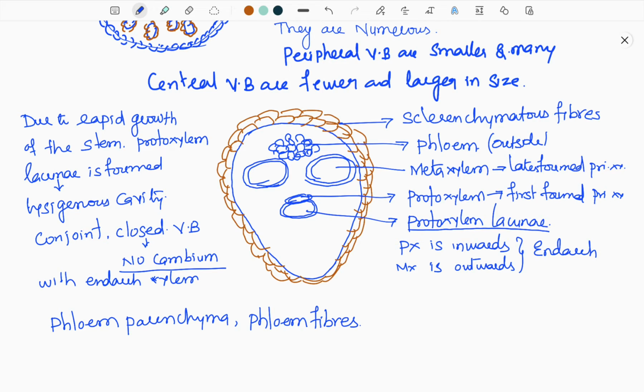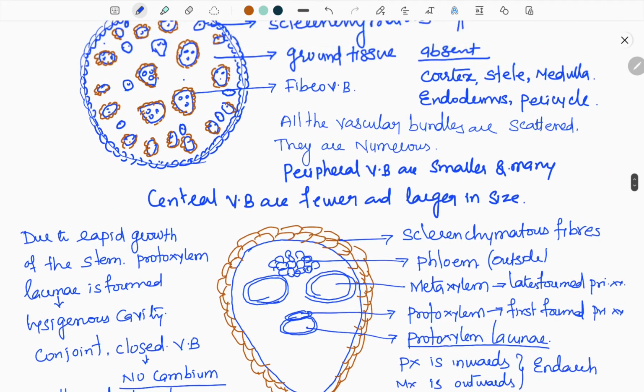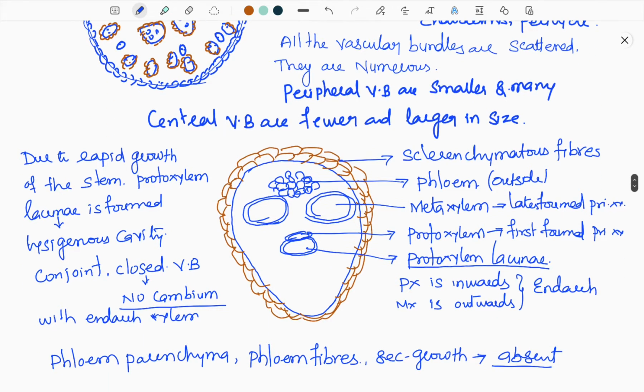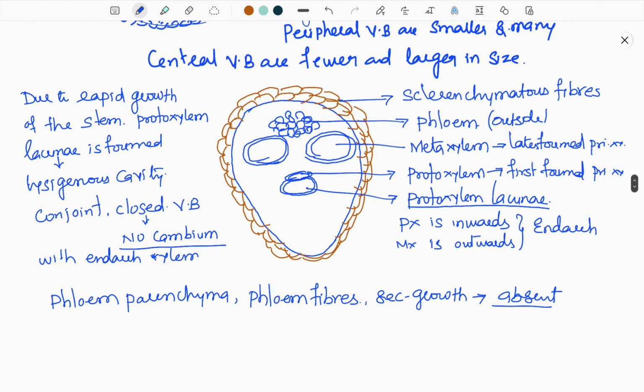So as there is no secondary phloem, there are no phloem fibers in the monocot stem, and secondary growth is also absent. Now it is very clear, I think, that these are absent in the monocot stem: cortex, stele, medulla, endodermis, pericycle, phloem parenchyma, phloem fibers, secondary growth, and medullary rays.